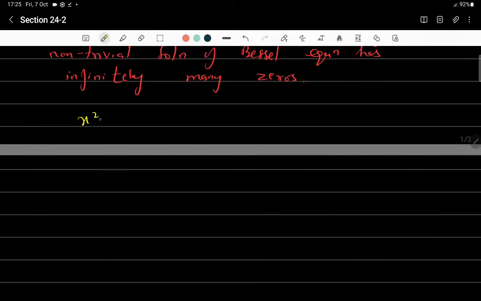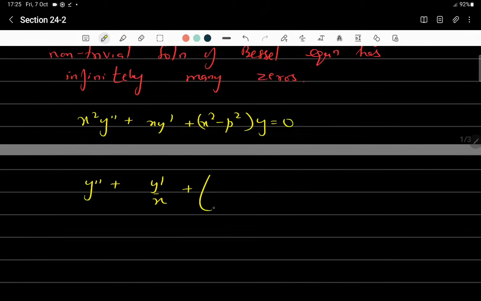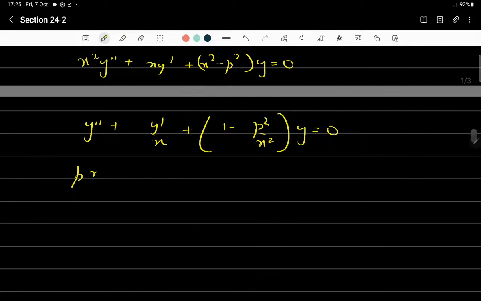So the given equation is x square y double dash plus x y dash plus (x square minus p square) y is equal to 0. To find the normal form, first I write it down in the standard form, where p of x is 1 by x and q of x is (x square minus p square) by x square.